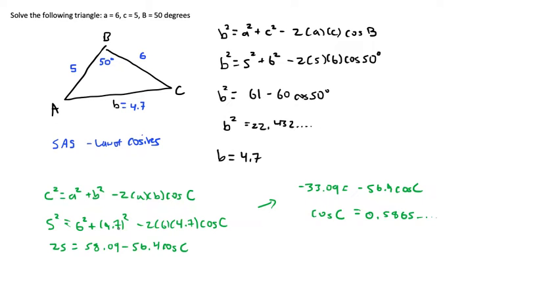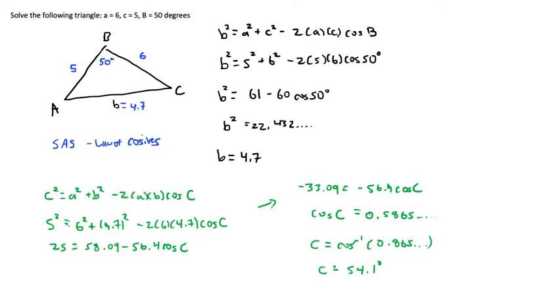I just rounded it for the purposes of writing it down in this example. So when you're doing these on your calculators, do not round each intermediate step. So C is going to be the cosine inverse of this number here. And once we do that, we should get angle C, which is about 54.1 degrees.